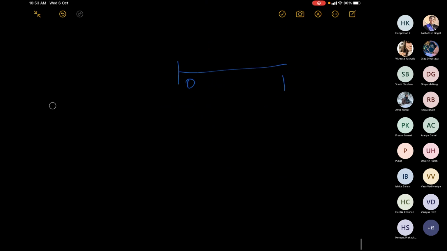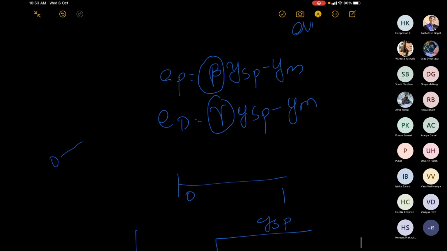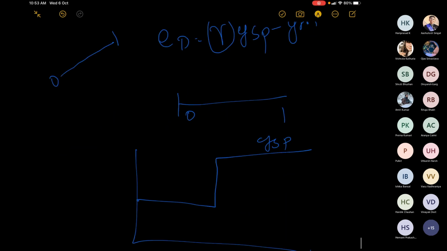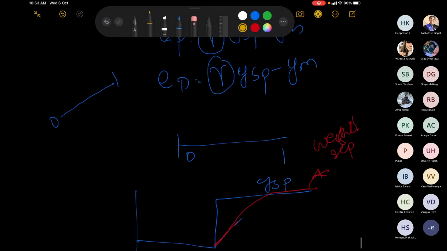So as a result, your original YSP was a jump. This was the original YSP. And if you weight beta with a series of values between 0 and 1, you would also get a smooth weighted set point track. Let me do it in a different color. Like this. So this is the weighted set point. And if you don't weight, it would be fully eliminated.